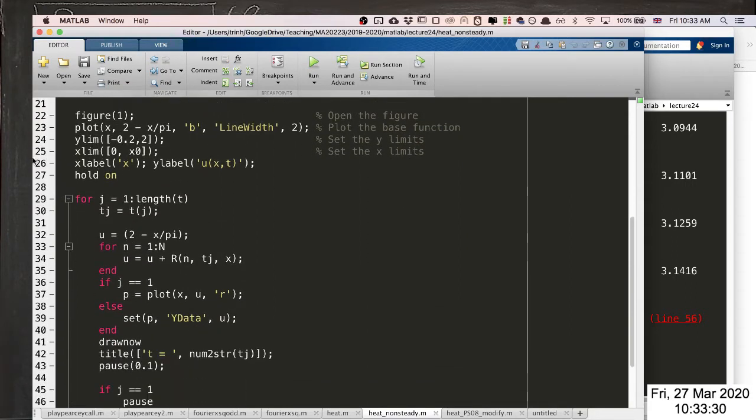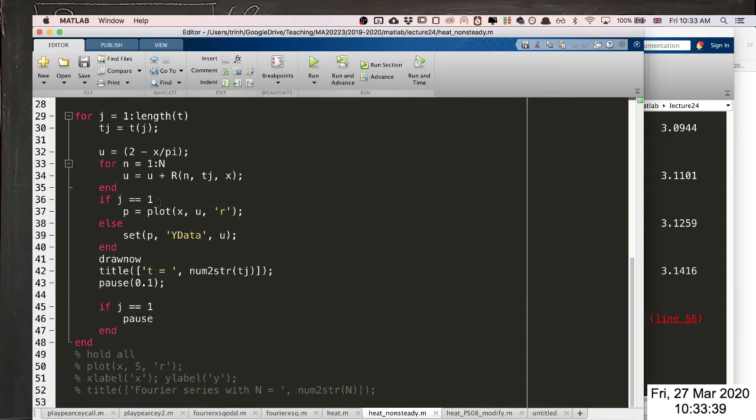These next couple lines will plot the steady state solution. I'll show you in a second, but keep an eye on the blue function. And then it's going to construct the solution. This outer loop is going to run through all the time elements, so it sets tj to be the jth time. It starts the solution off.